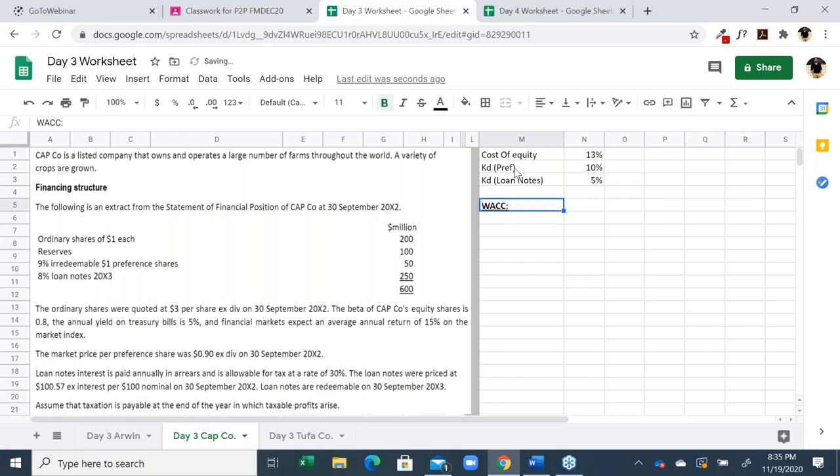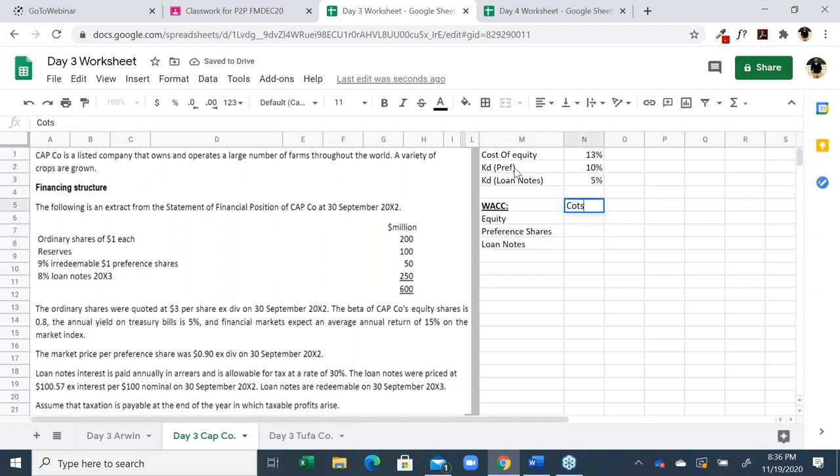Okay, now I need to calculate weighted average cost of capital. So the format that I'm going to just show you people will be very effective for calculating the weighted average cost of capital. So we have three sources of capital at the moment: the equity, preference shares, and loan notes, right?